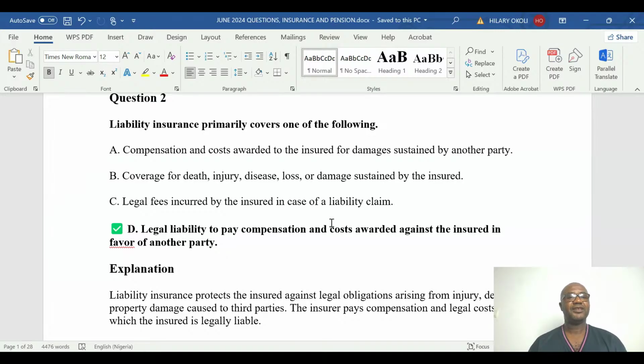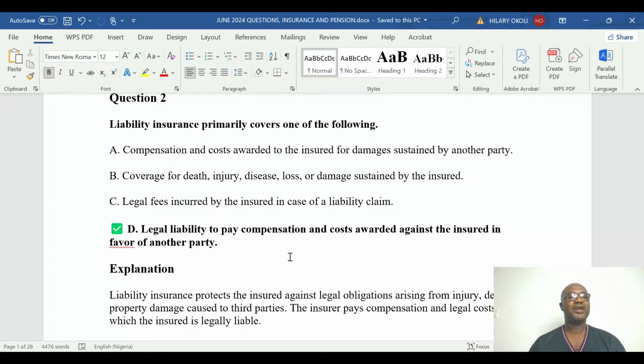Liability insurance is what we have in vehicle third party insurance, even though we don't do it very well here in Nigeria. So liability insurance primarily covers the legal liability to pay compensation and costs awarded against the insured in favor of another party.